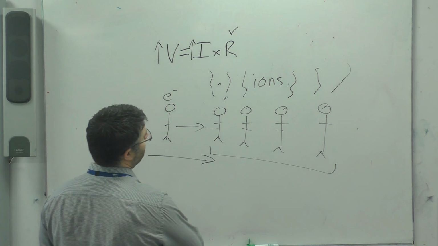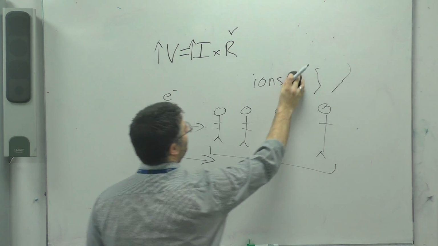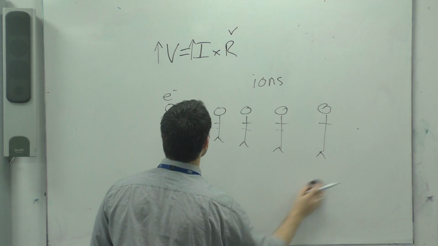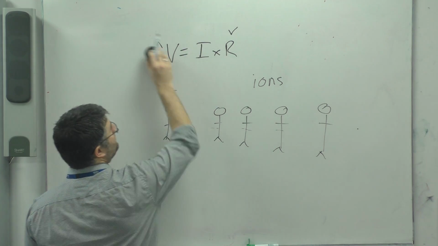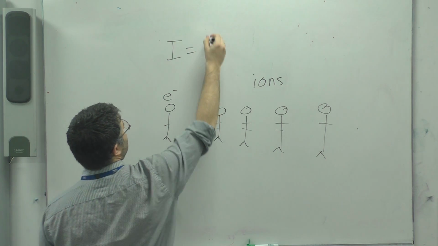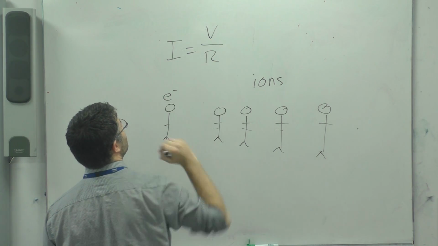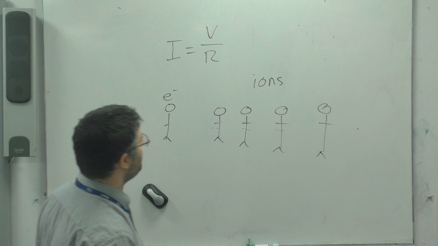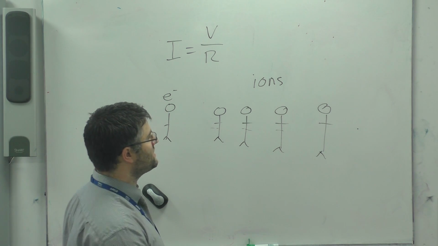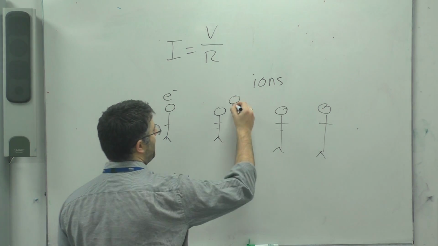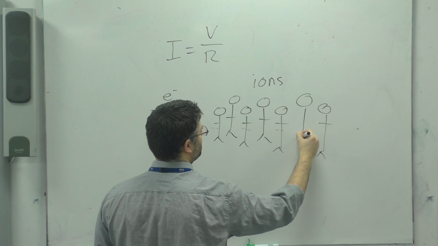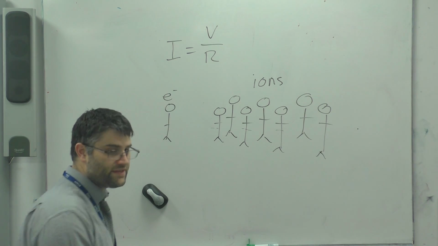So we could change this slightly and look at how resistance affects current by changing up this equation. If we say the current is equal to V over R, because that's how the equation works, what happens if we increase the resistance, so say we add more ions or people in this example?